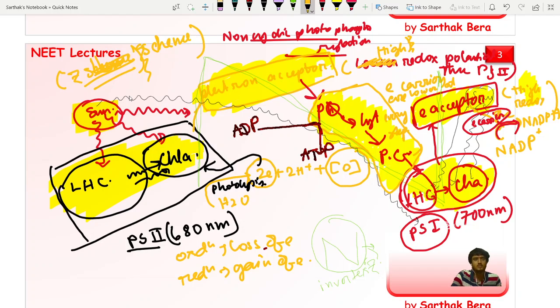Z scheme, okay. I am not that good at spelling or vocabulary. Let's correct it. So this is also called the Z scheme.